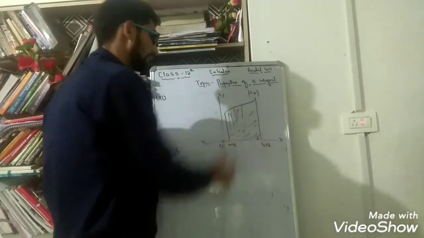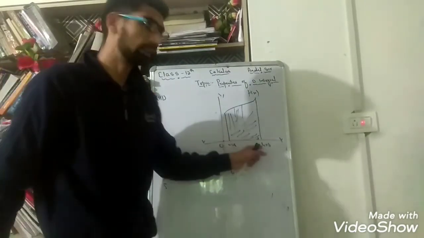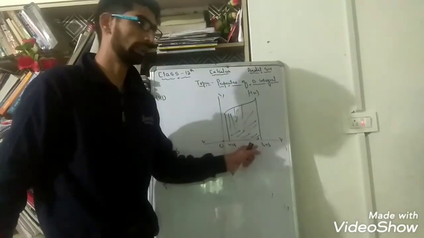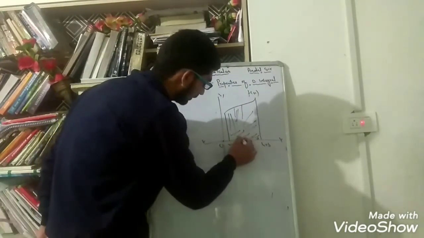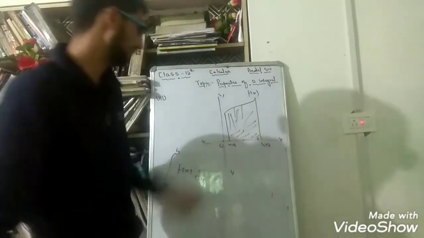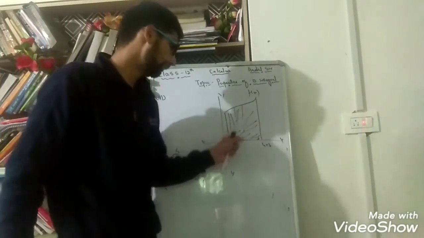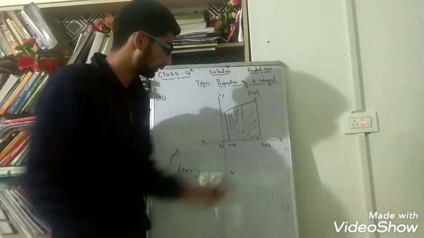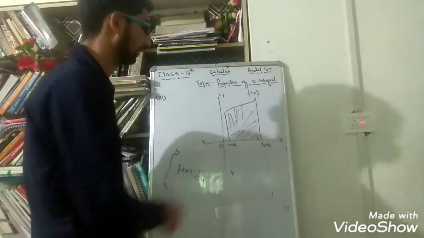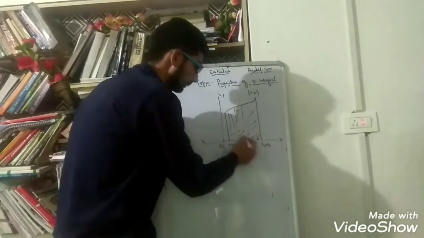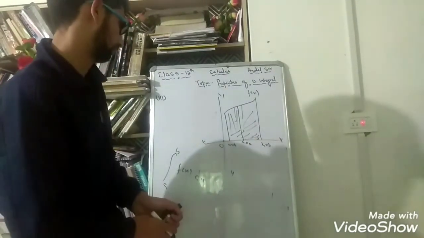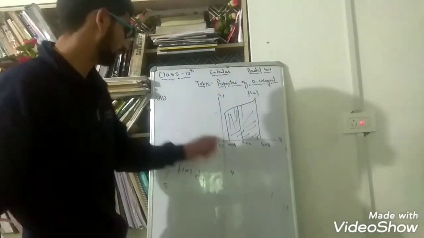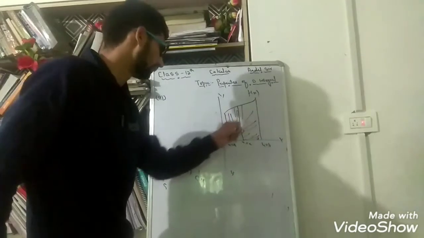But now if I partition this interval from a to b, inside or in between, say I divide it here at the point x equal to c. We know that the integral from a to b is the area of the whole region.